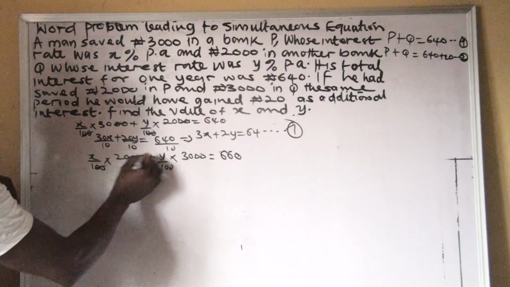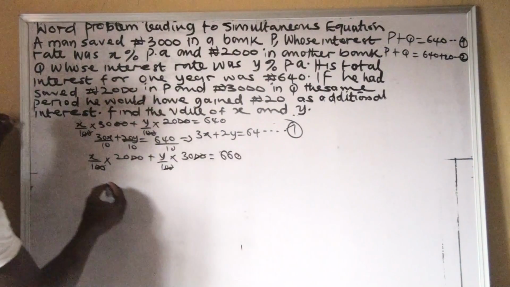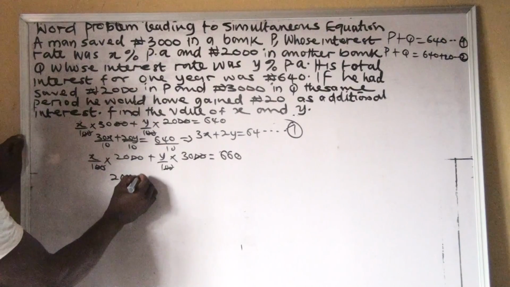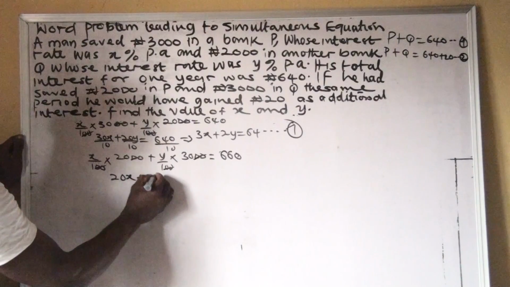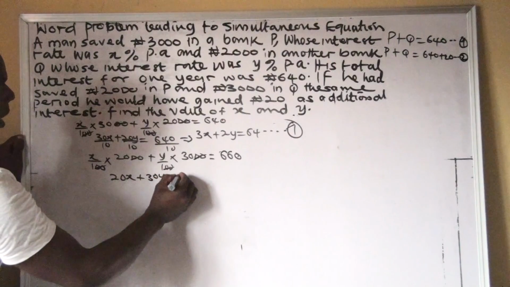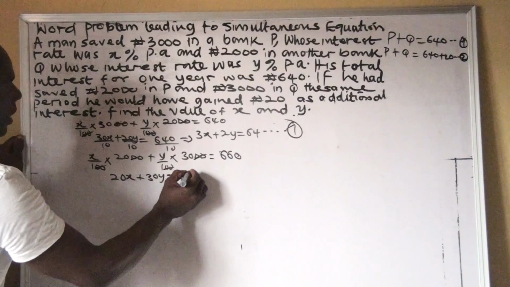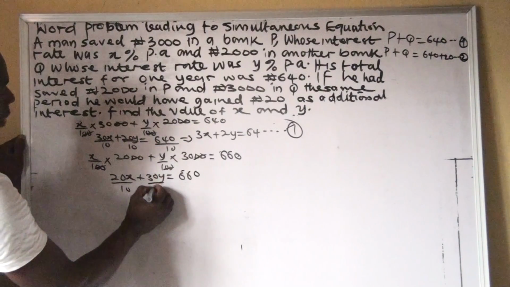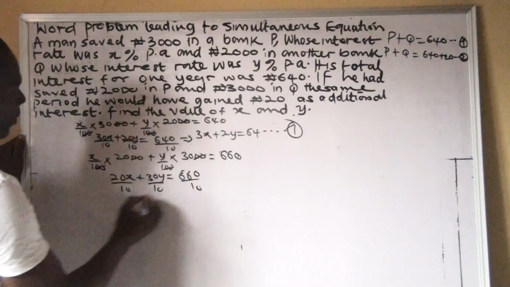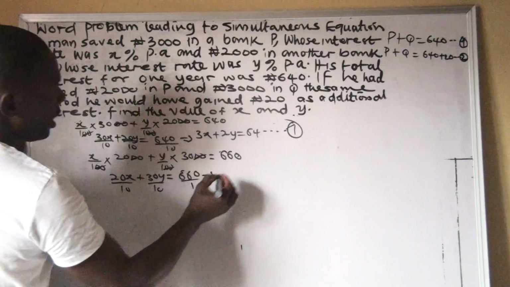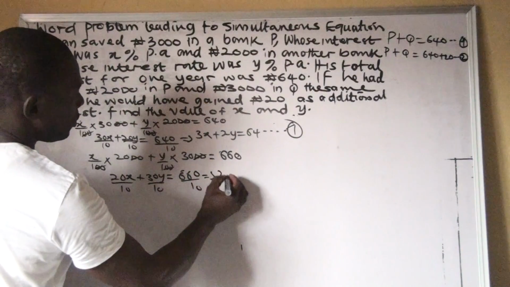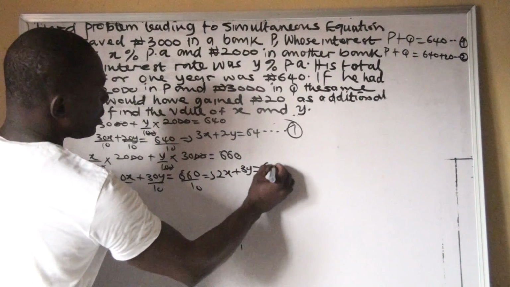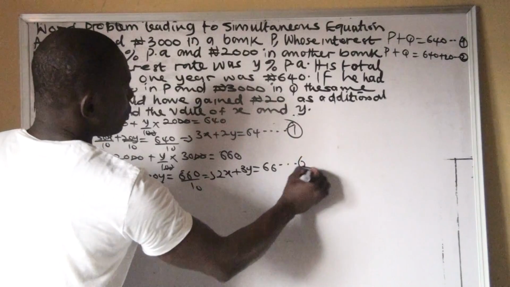So 20 cancels with 20 here, and here we have 20x plus 30y, which gives us 660. So we divide through by 10, and here we will be left with 2x plus 3y is equal to 66, our equation 2.